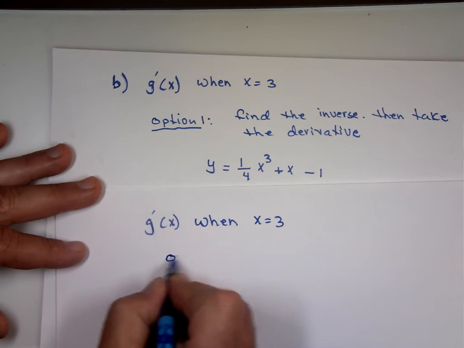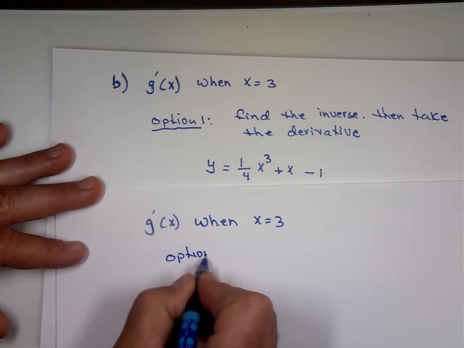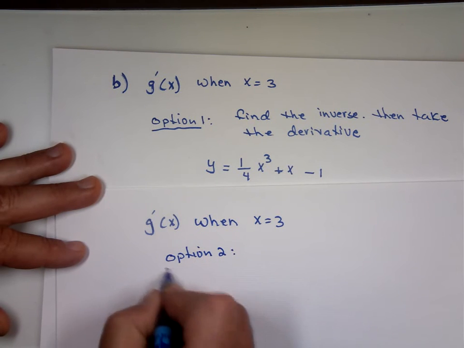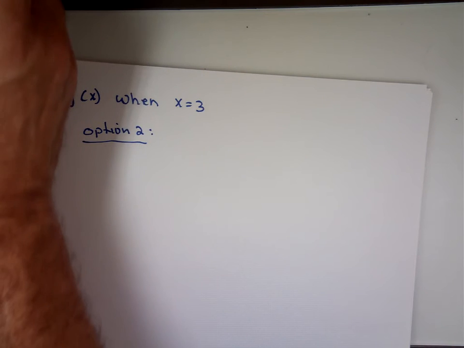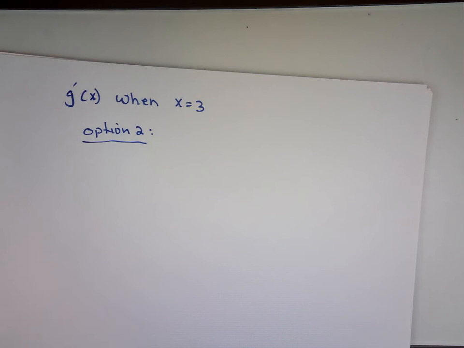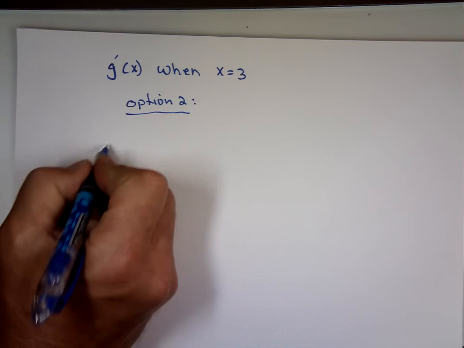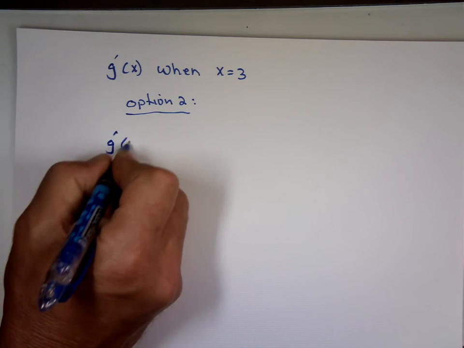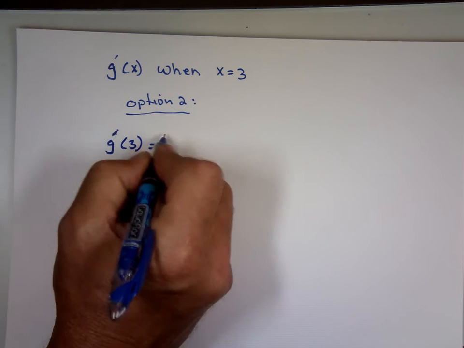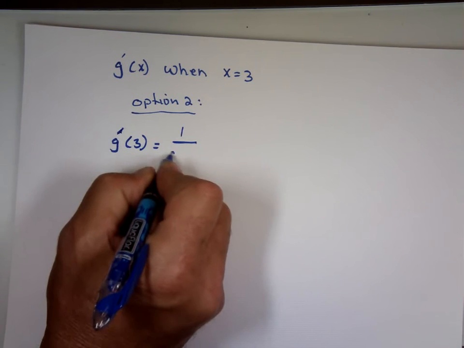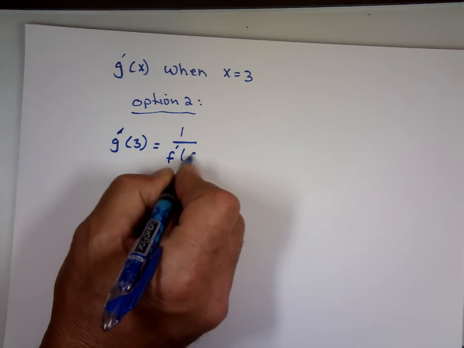Option 2. Again, option 2 says if you want to find the derivative of g at 3 here, we are asking at 3 is going to be 1 over f prime of g of 3.